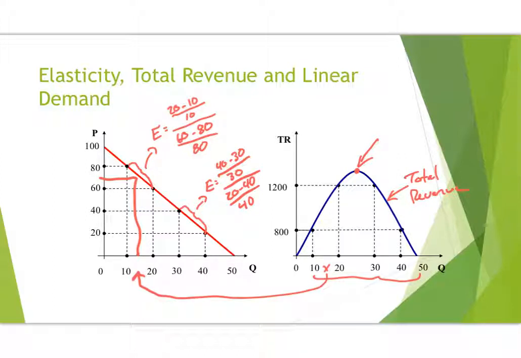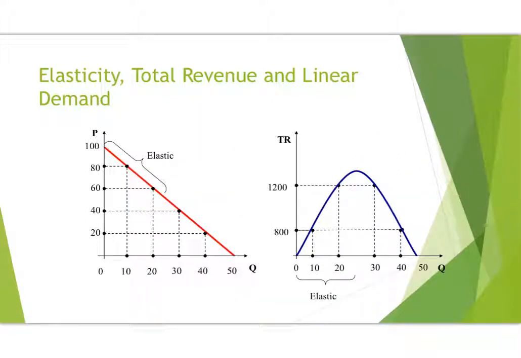Logically, what's going on? Remember, when we do elasticity, we're talking about percentage changes. So if we're up in the upper left-hand portion of the demand curve, and this will look cleaner in the next graph. In fact, let me just forward to the next slide because it looks a little cleaner. If we're up in this upper left-hand portion of the demand curve, we have very high prices and very low quantities.